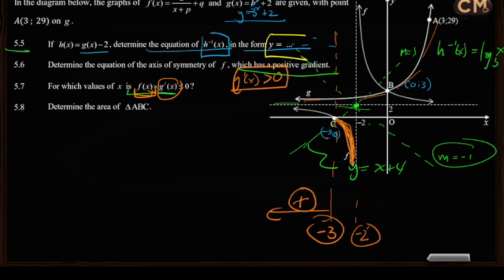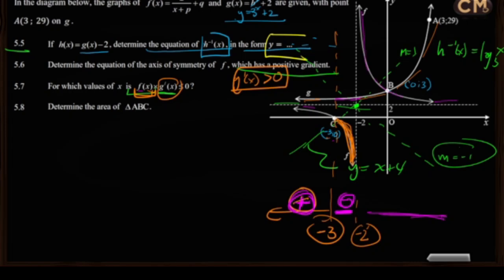Everything left of this is positive. Let's do that in purple. Everything left of negative 3 is positive, because as stated, the gradient of g is positive over there, and the y values for f are positive over there. Then in between negative 3 and negative 2, we have the positive gradient from g and a negative y value over here from f, which means that product is negative in between these two values. And then to the right of this asymptote, we shall have that f is positive.